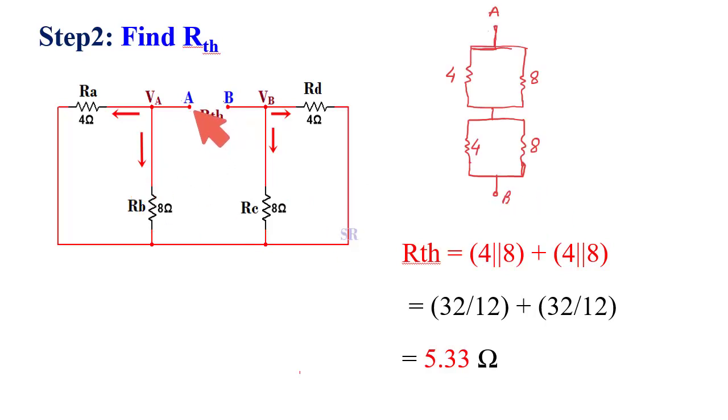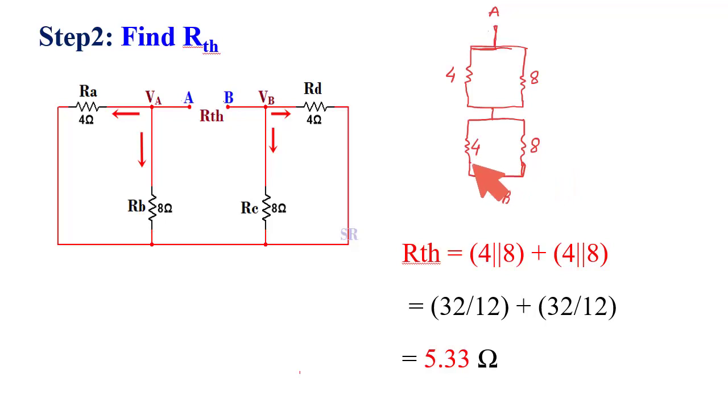See, if we start from A, we got two paths, 4 ohm and 8 ohm. These two resistances are connected at a particular point. This point and this point are same. From there, again two paths. One path is having 8 ohm, another path is having 4 ohm.